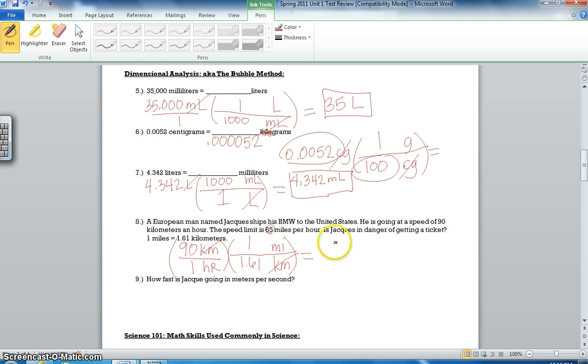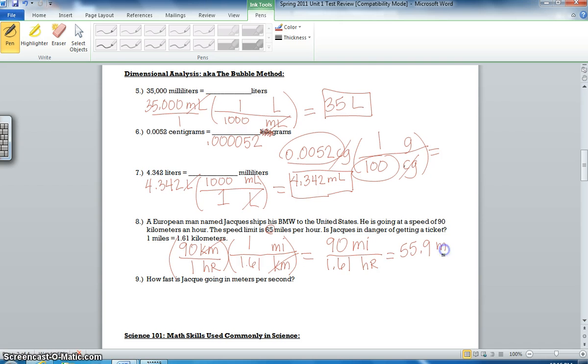And in my calculator, I'm going to say 90 divided by 1.61, because 1 times 1.61, and don't forget we have hours here. Okay, that hasn't canceled.